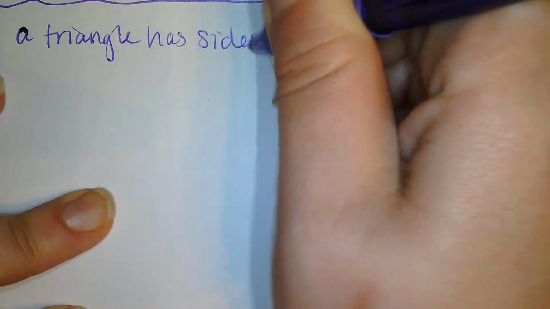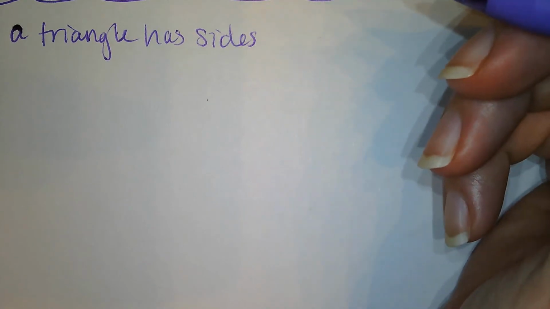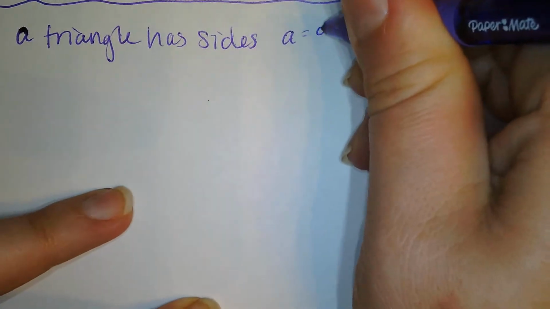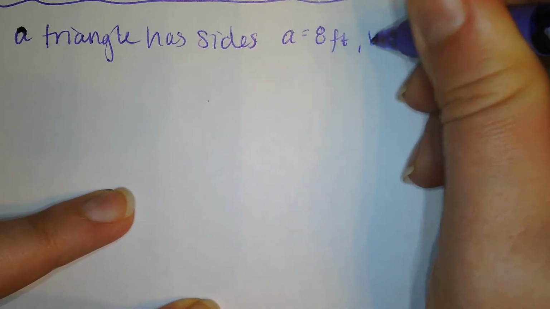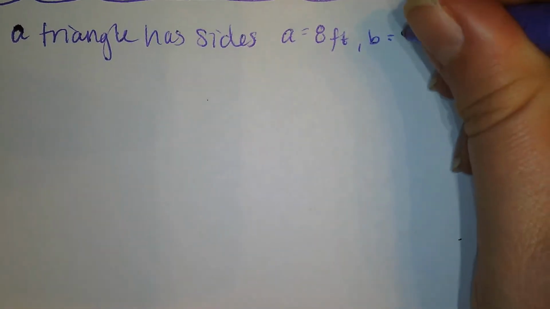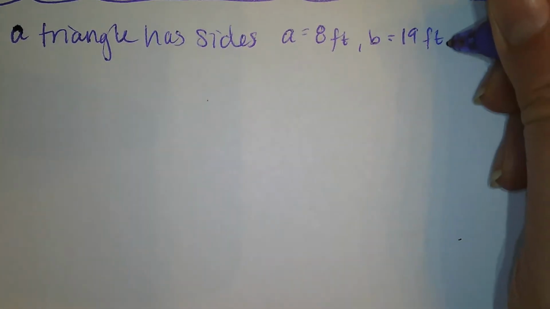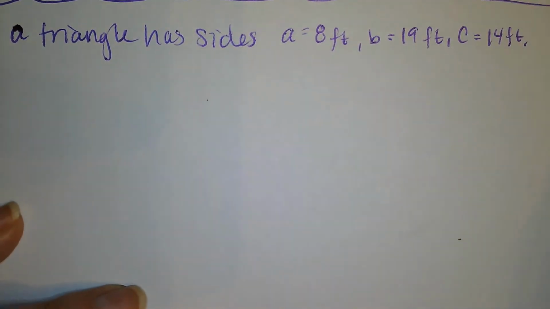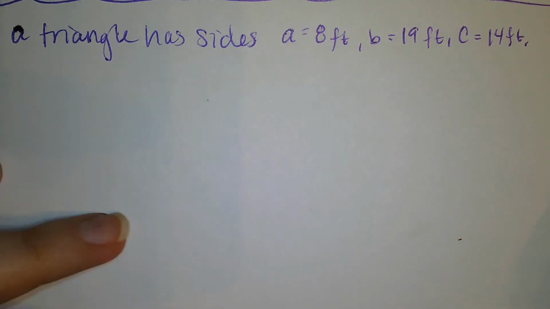A triangle has sides A equals 8 feet, B equals 19 feet, C equals 14 feet. And we just want to find the angles.